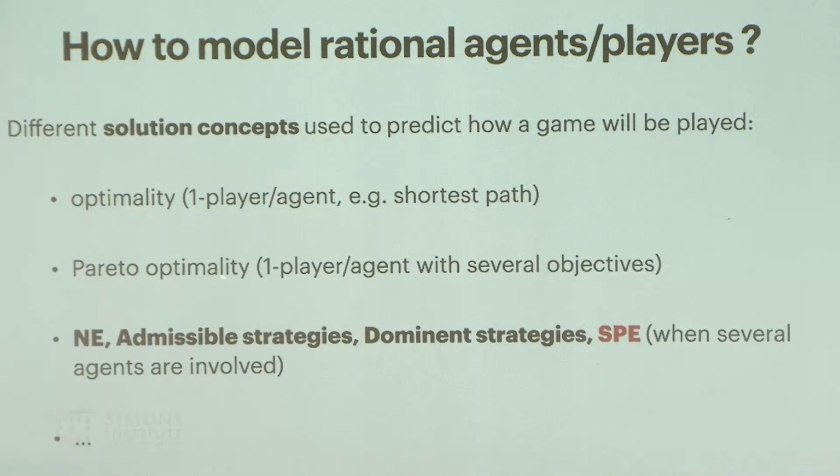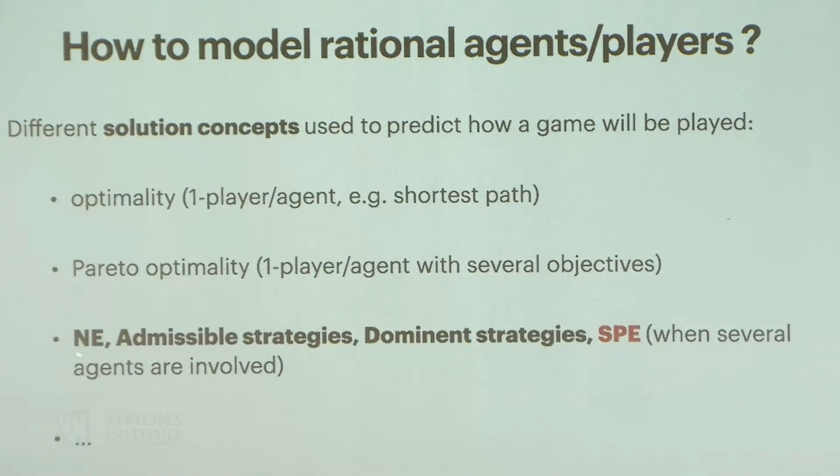But now, if you have even one player, but with several objectives, then it becomes more tricky to predict how a player will play. But for example, you can assume that he may want to play a Pareto optimal path in that case. Now if you go to the n-player setting, then you have a large number of different solution concepts that can be used.